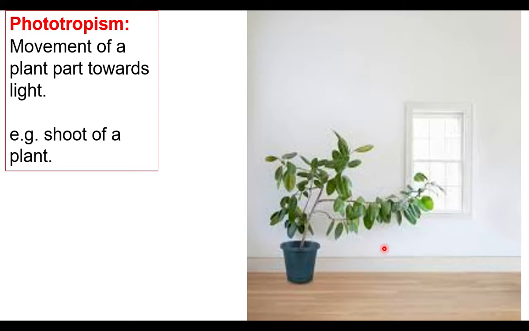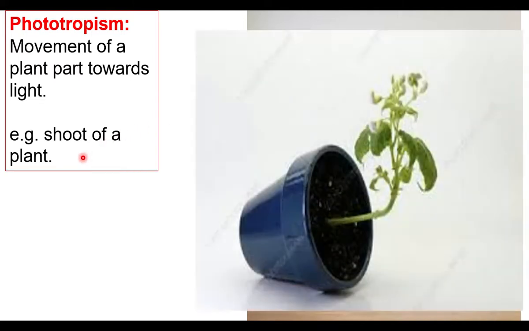We can see the growth of branches towards the window to get light. The shoot system of a plant shows phototropism.